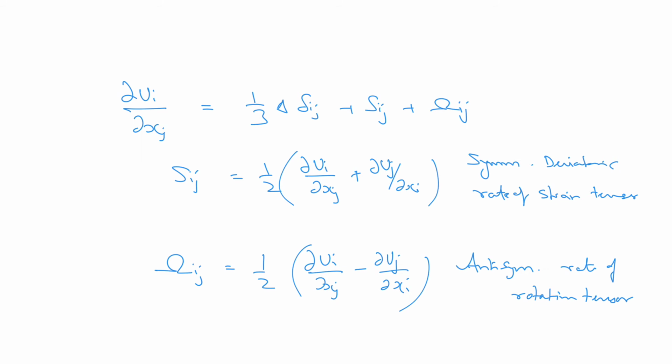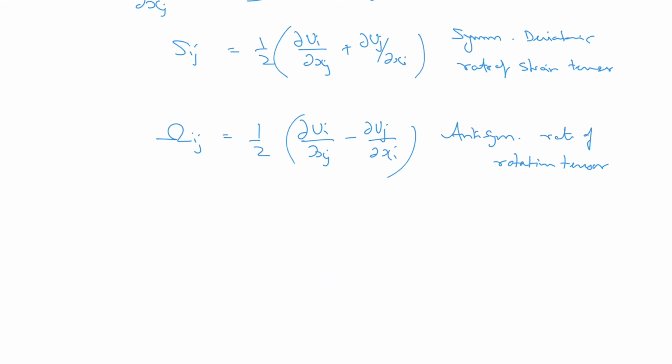So you can find a symmetric rate of strain tensor and then an antisymmetric rate of rotation tensor, which will tell you about the rotating components, right? Now we will try to see what kind of isotropic and anisotropic parts are available in the Reynolds stress tensor. So that will be the fourth part which we will be discussing in properties of Reynolds stress.